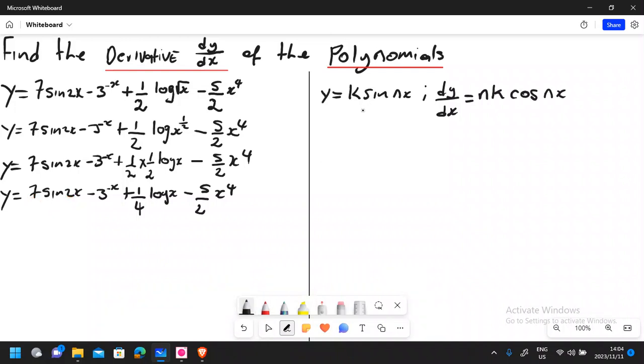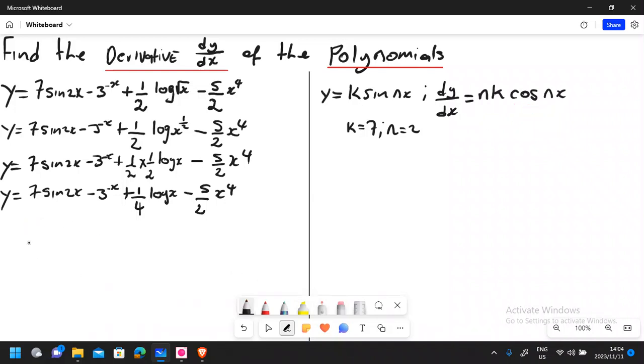We need to write them here so that we don't get confused. So k is going to be 7, and then n is going to be 2. So we have to substitute this formula here.